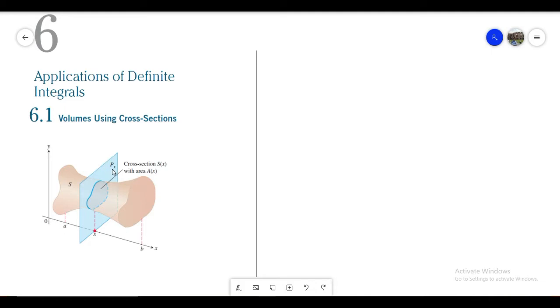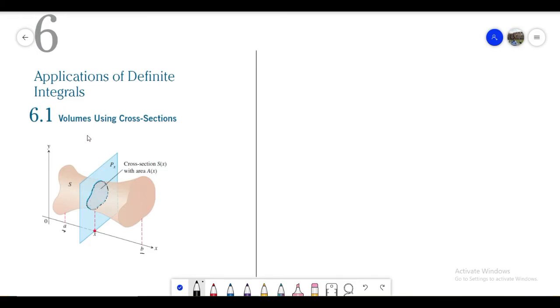We call it P of x, which does cut this solid at the point x. The solid starts from the point A and ends at the point B, and this blue plane cuts the solid. This area is the area of the cross section, and this will be our point of interest.